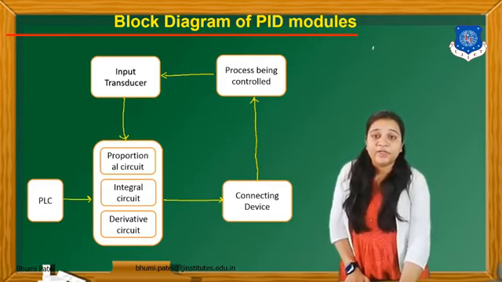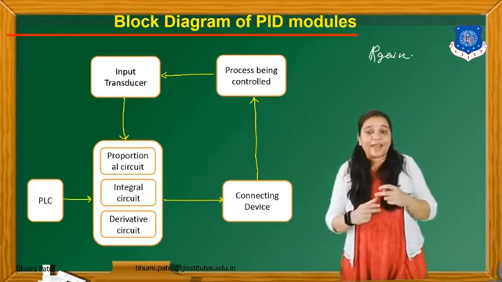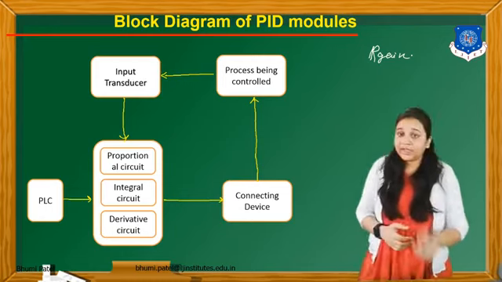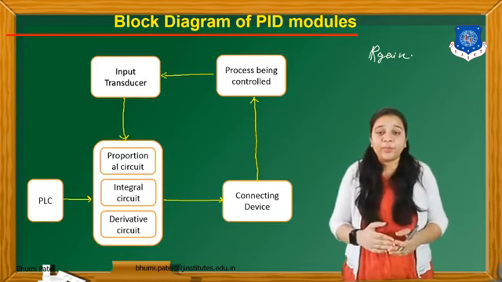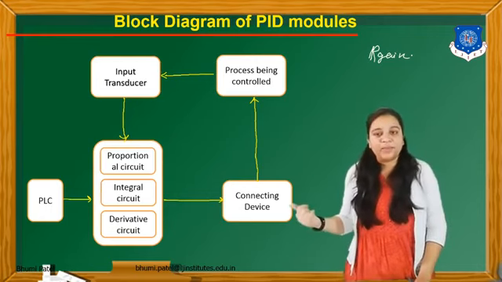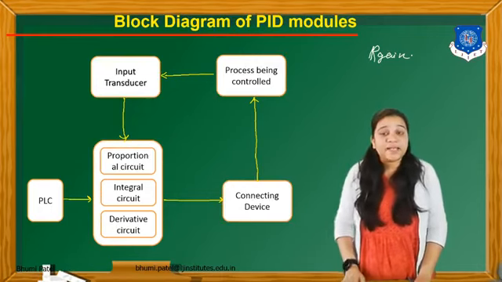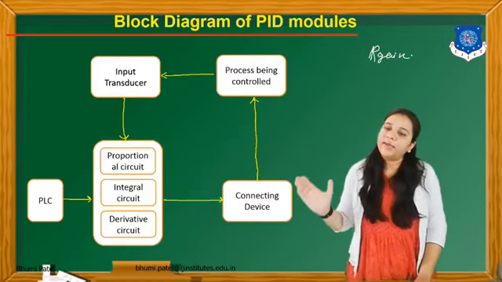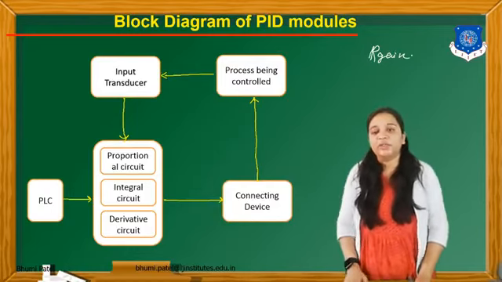Suppose we change the gain, the P gain. If we change the value of the P gain for this particular system, and after that we get a better output compared to the previous one, then using PLC programming we can easily change the gain of the system. If we use only the proportional circuit, we can change the P gain.